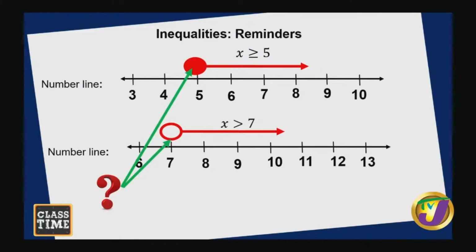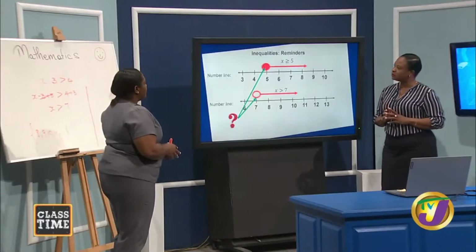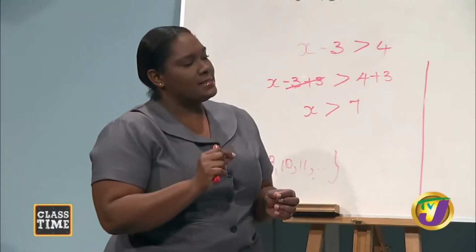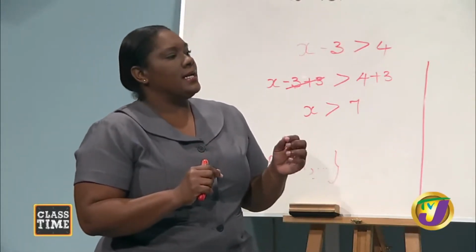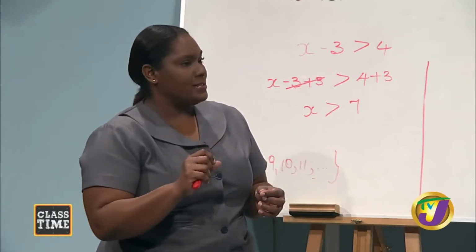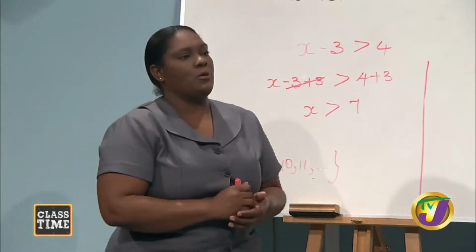We are to pay attention to these things because that's important. Should it be x is less than or equal to, then the dot would be closed. And if it is x is less than something, the endpoint will also be open.